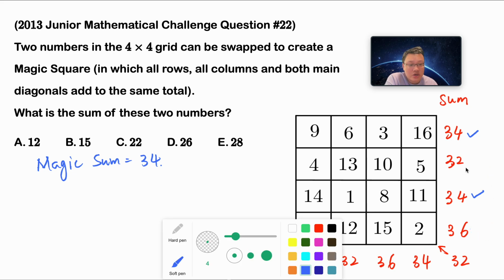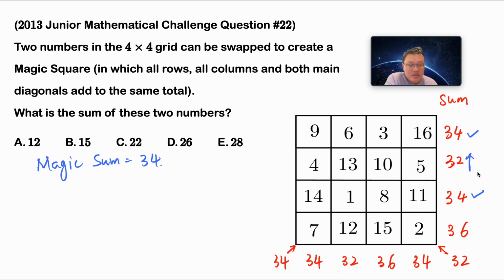As for 32, we have to make it a little bit larger, right? So you have to add 2 to it. So it means as for the number in this row, you have to make that number 2 larger than itself. And for 36, you have to make that number smaller than itself by 2 to get 34.